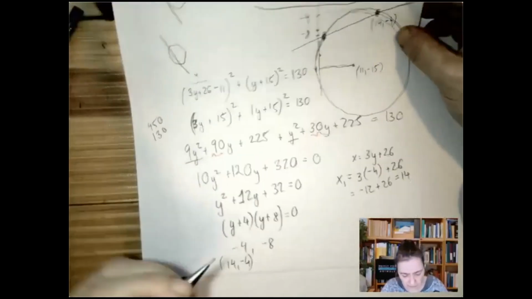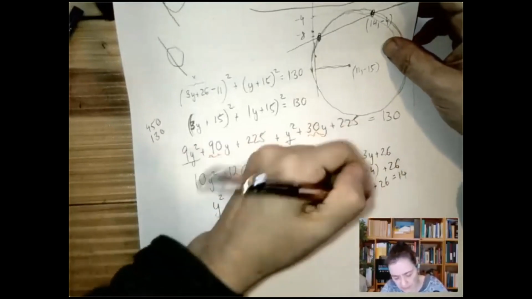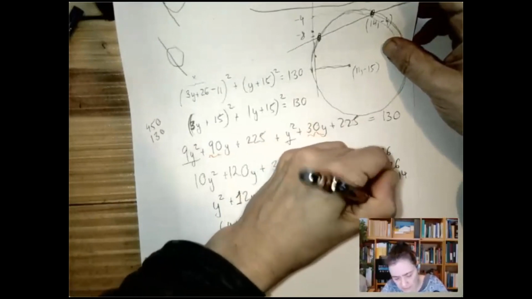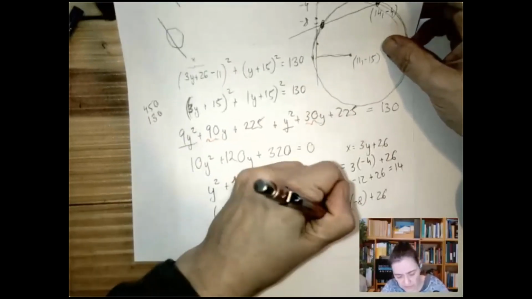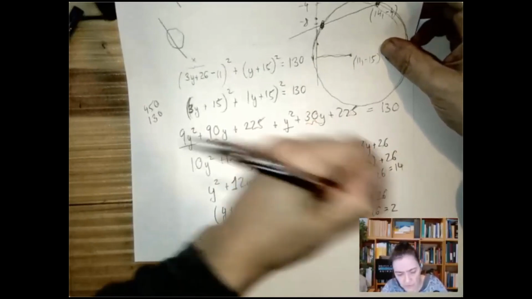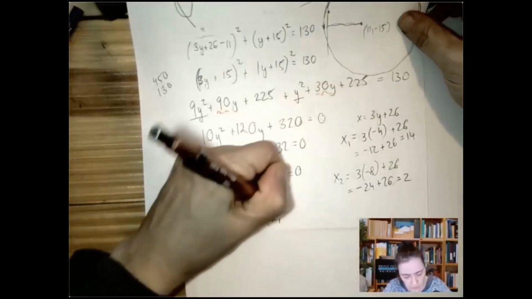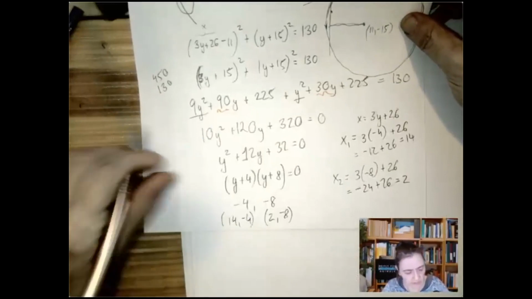And then the other one, x2 is 3 times -8 plus 26. So that's -24 plus 26. That's just 2. It's not a bad picture here. So the other point is (2, -8).